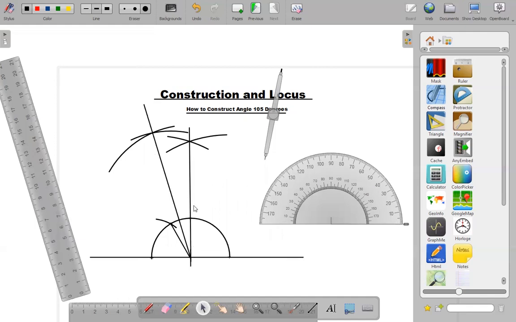First of all, construct 90 degrees, which will give you 90 on both sides. Remove 60 degrees from it. The remaining 30, bisect it to give you 15. 15 plus this 90 gives us 105 degrees. So this angle like this down to this place is a 105 degree angle.